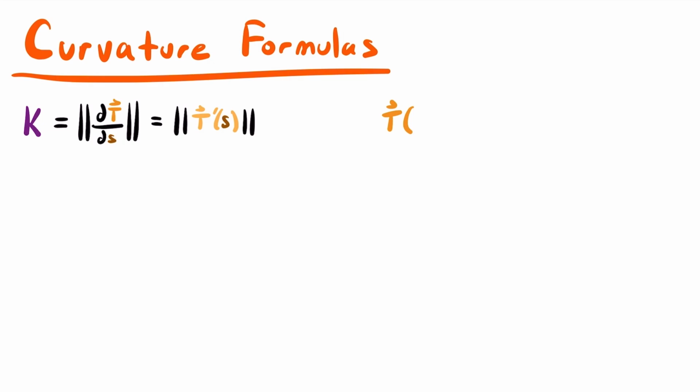We'll have the vector function T of s of t. All right, so that's a vector function with an inside function that is a regular function. All right, s of t is not a vector function. It is what we would call a real valued function, or a function that you were used to working with in the past. Okay, and so then if we were to take the derivative of this vector function, technically we would be taking the derivative with respect to t, because that inside function is defined in terms of t.